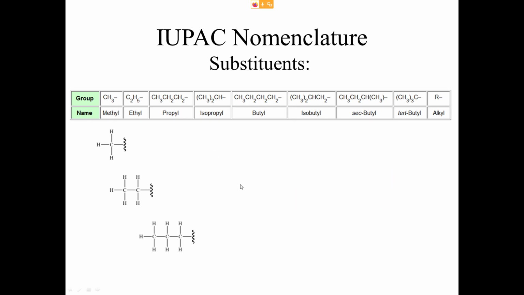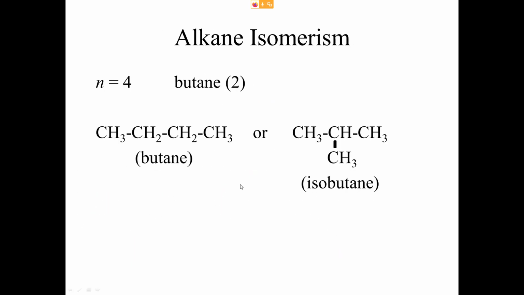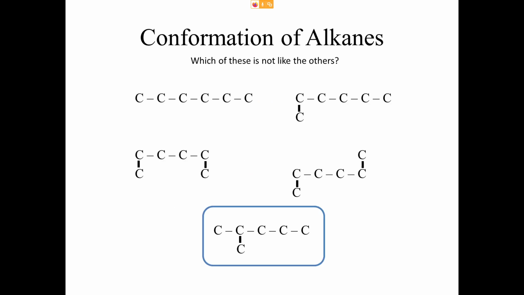So let's go back up here. So here we have 6 carbons in a row, right? There's no substituents on this. All 6 carbons are in the longest possible chain I can count. And that's true for all 4 of these drawings. But the one at the bottom is not. The longest carbon chain I can get here is 5.